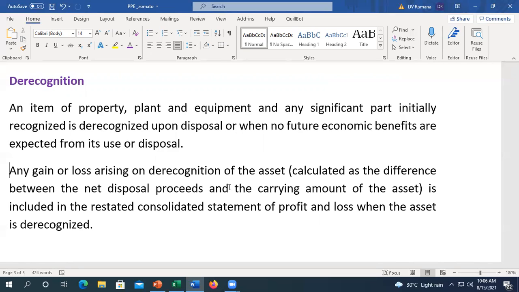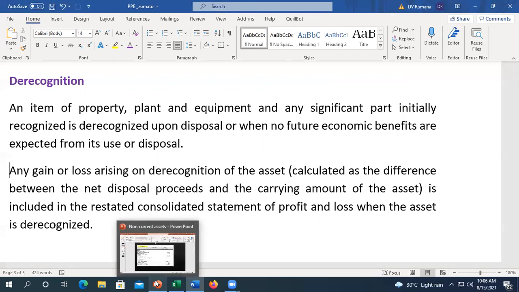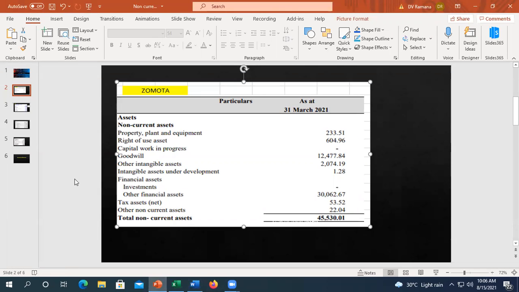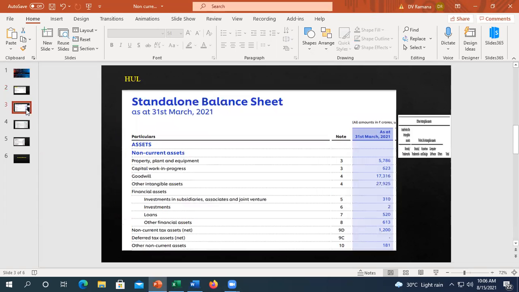So that is about the property, plant, equipment of the company, which forms a part of the non-current assets. Non-current assets consist of tangibles, which is property, plant, equipment, and intangibles like goodwill and other intangibles which we saw, like brand, copyright, computer program, customer relationship.